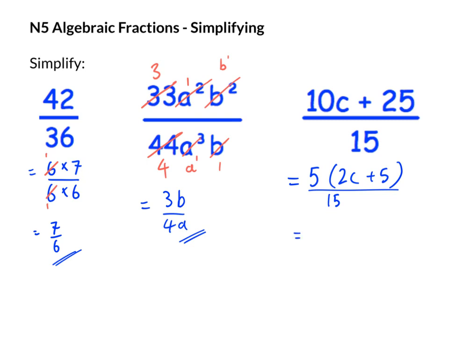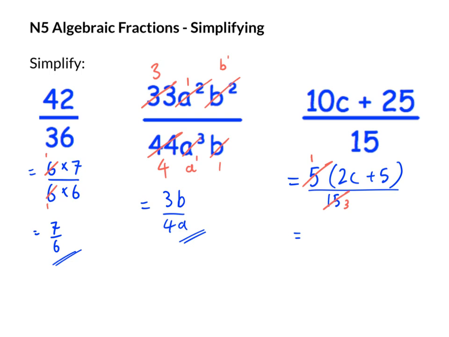I'm now in the same position as I was in this one and this one here, where I have got something times something on the top, and on the bottom, 15 can be thought of as a pair of factors as well. Importantly, one of those being 5. So it means I can divide the top by 5 to get 1, and I can divide the bottom by 5 to get 3.